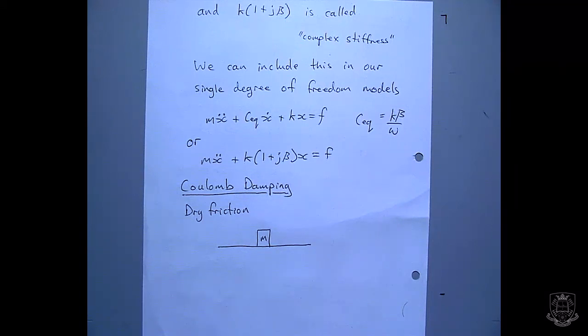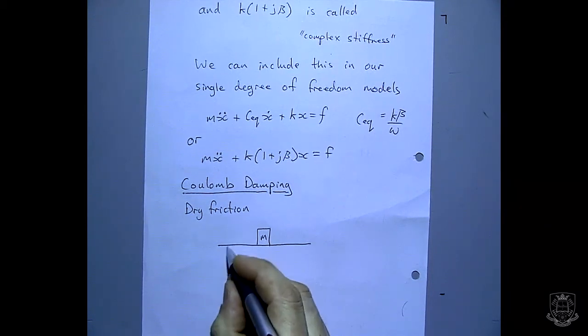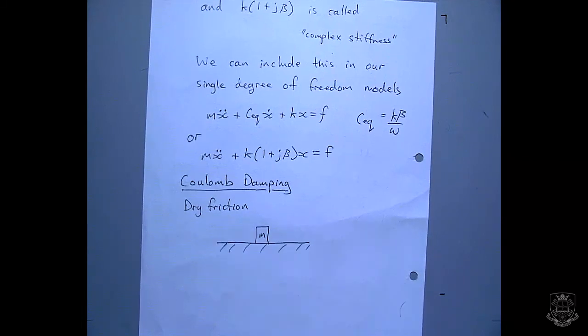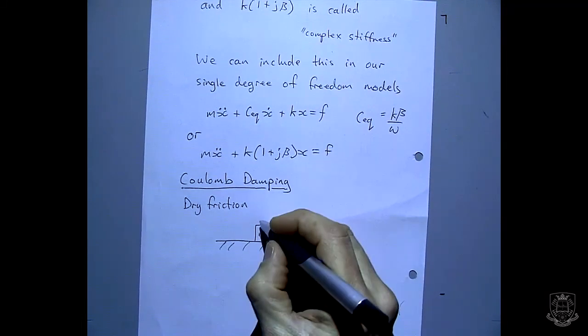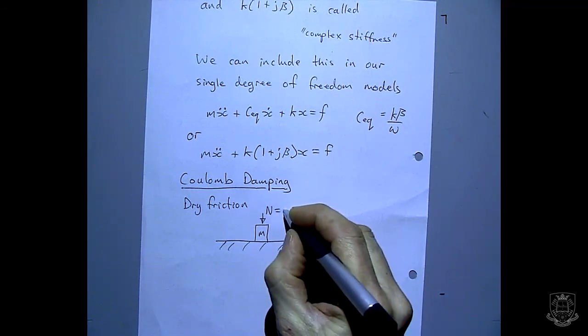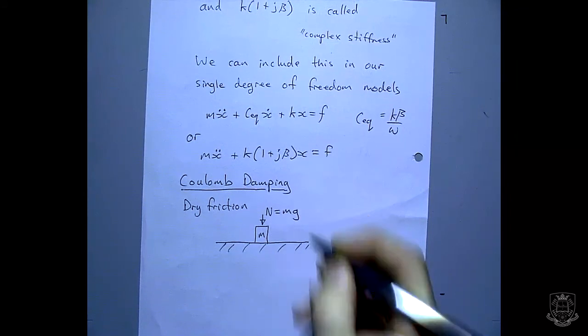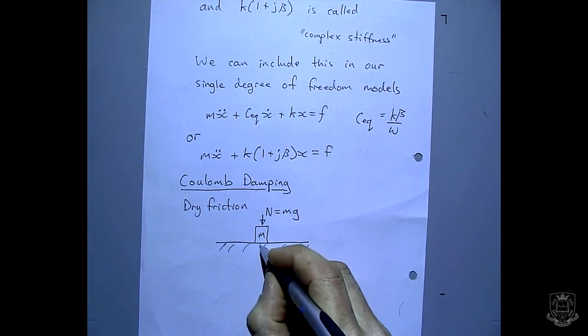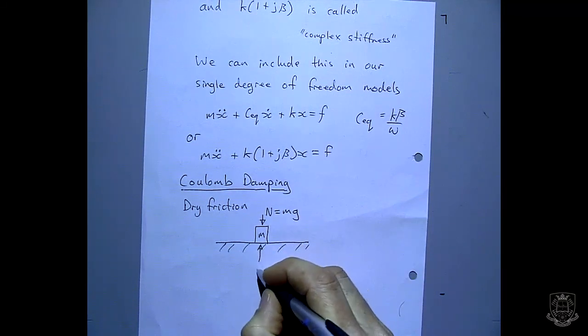Okay, so you can think about it like a block with mass m that's just resting on a surface. So the block's just sitting there doing nothing. Of course, by doing that, it's producing a normal force downwards, n, which is equal to mass times gravity. Okay, and so there's a reaction force underneath as well, isn't there?